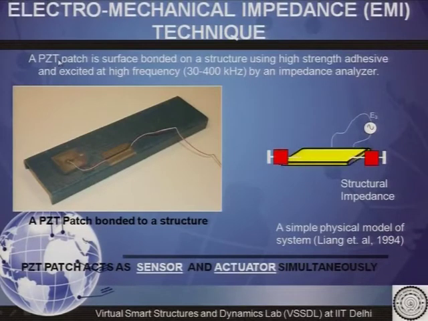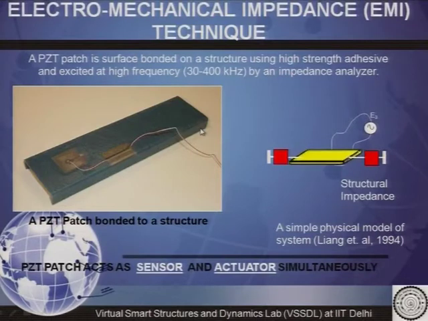In the EMI technique, a PZT patch is surface bonded to the structure using adhesive and excited at a frequency ranging between 30 to 400 kilohertz using an impedance analyzer. You can see a PZT patch attached to this host structure.